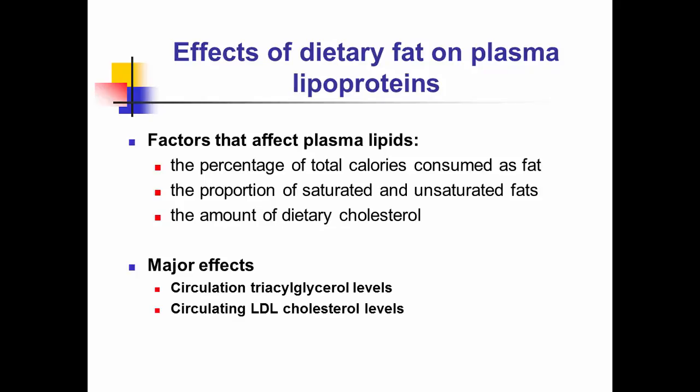And then the amount of dietary cholesterol, of course, also affects the lipid profile. And the major effects, as I mentioned, are on circulating triglyceride levels and LDL cholesterol levels, right?